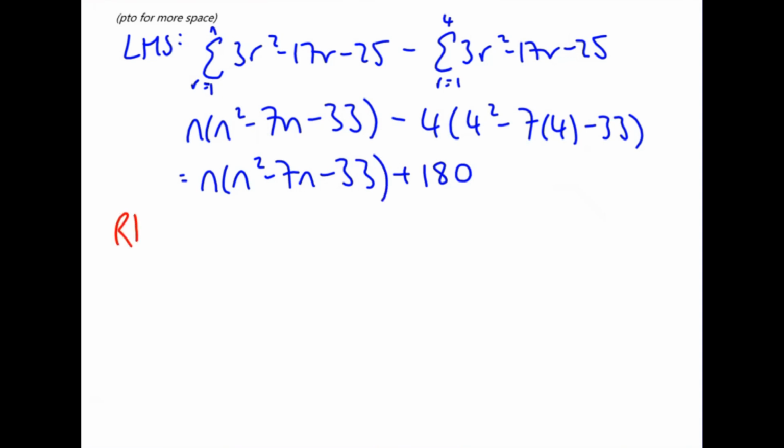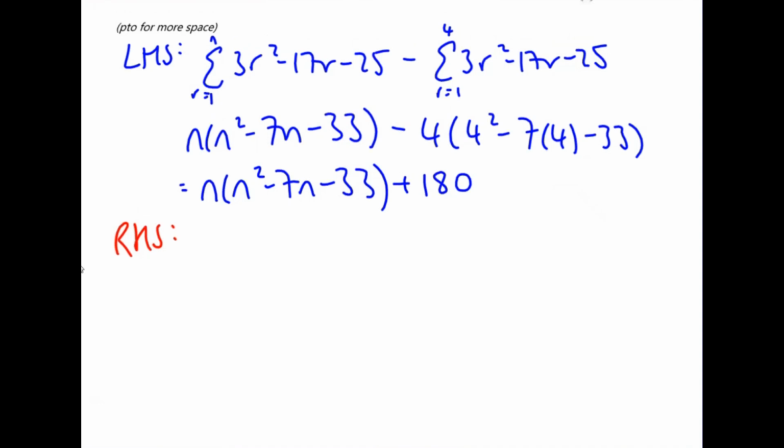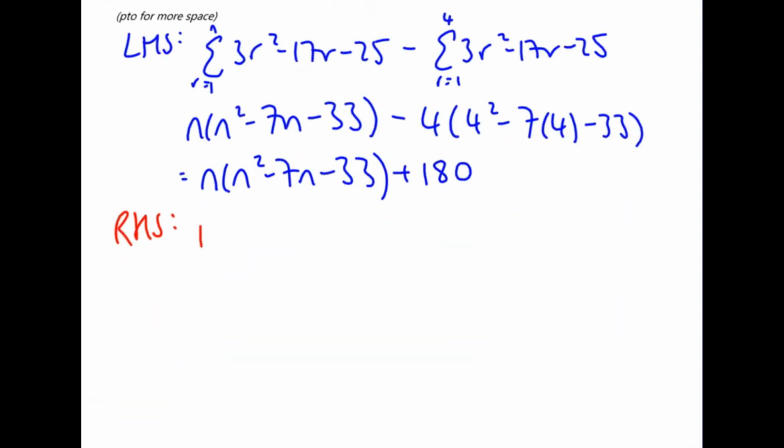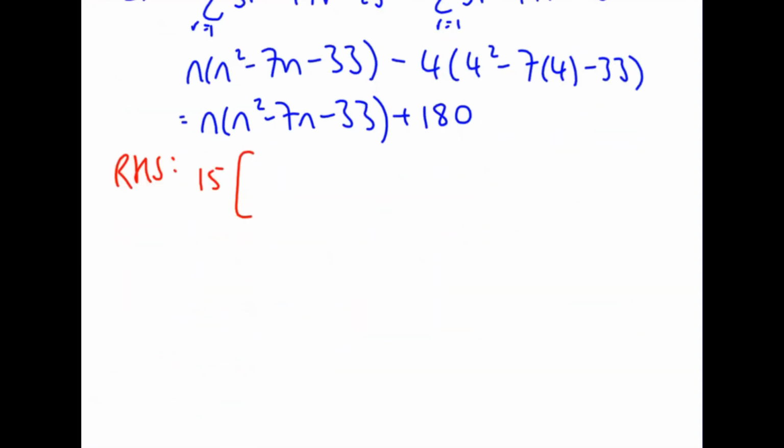Then the right-hand side, 5 is 6 up to 3n on the outside. And you've got the sum.